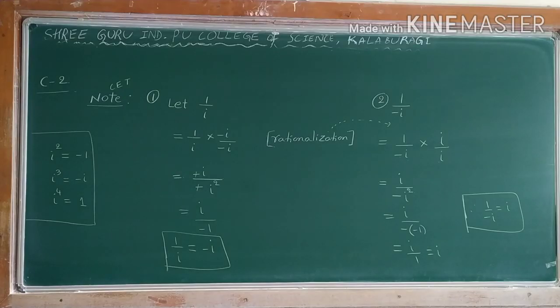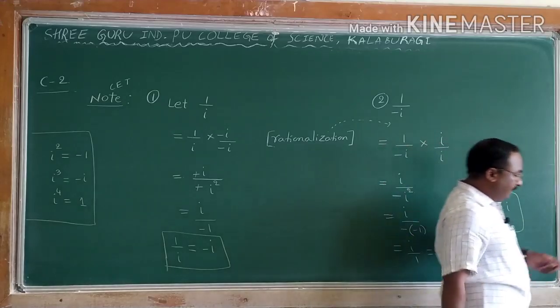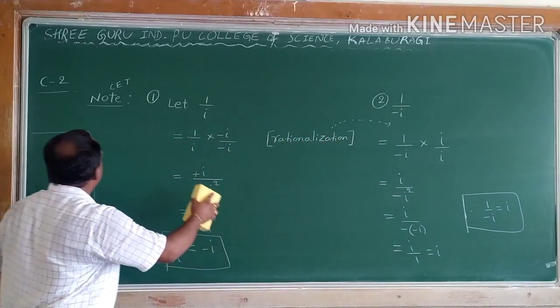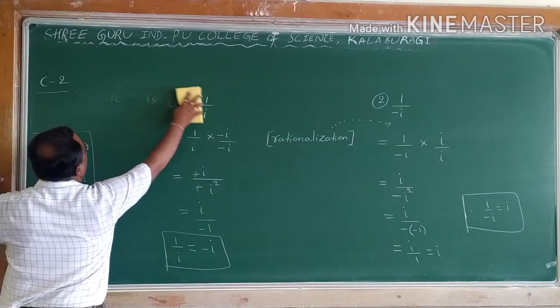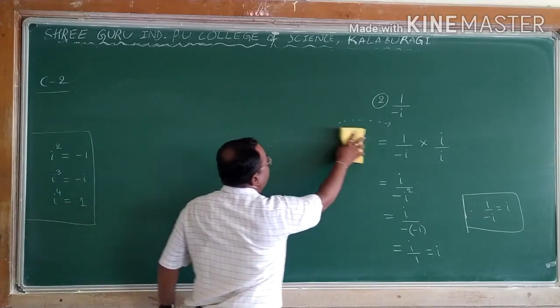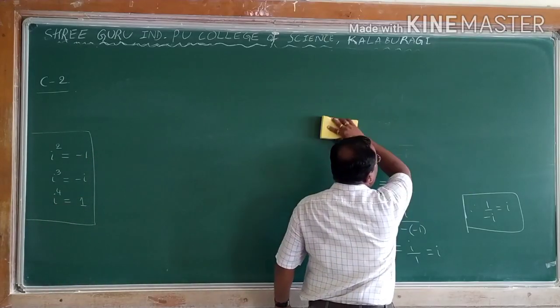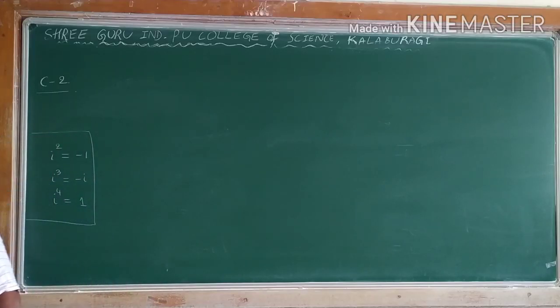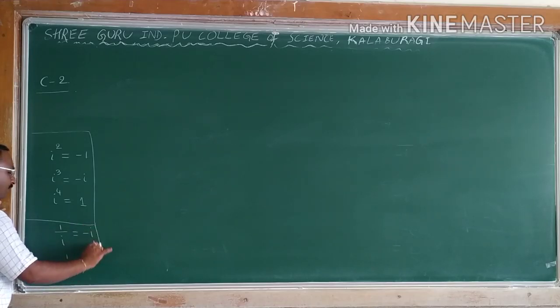Next, negative integers, suppose n is negative integer, i powers negative values. 1 by plus i is equal to minus i, 1 by minus i is equal to plus i, points.